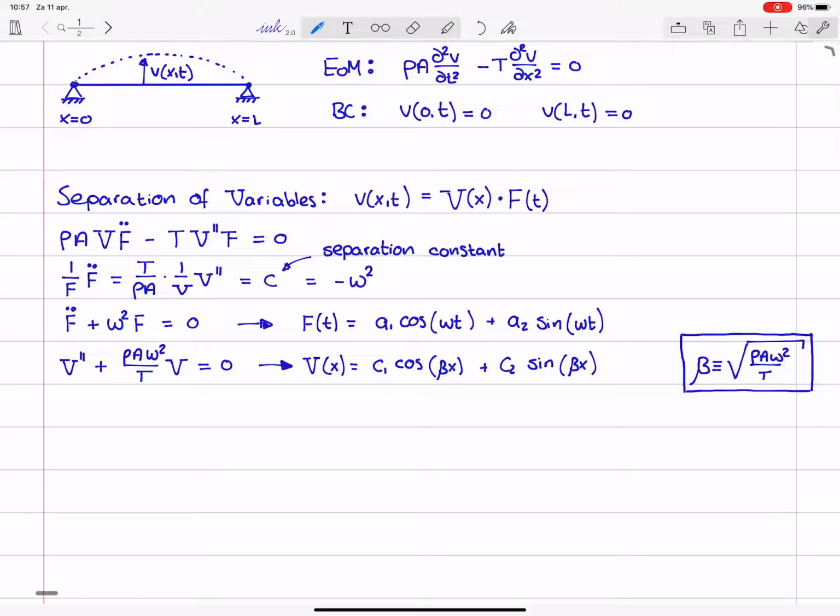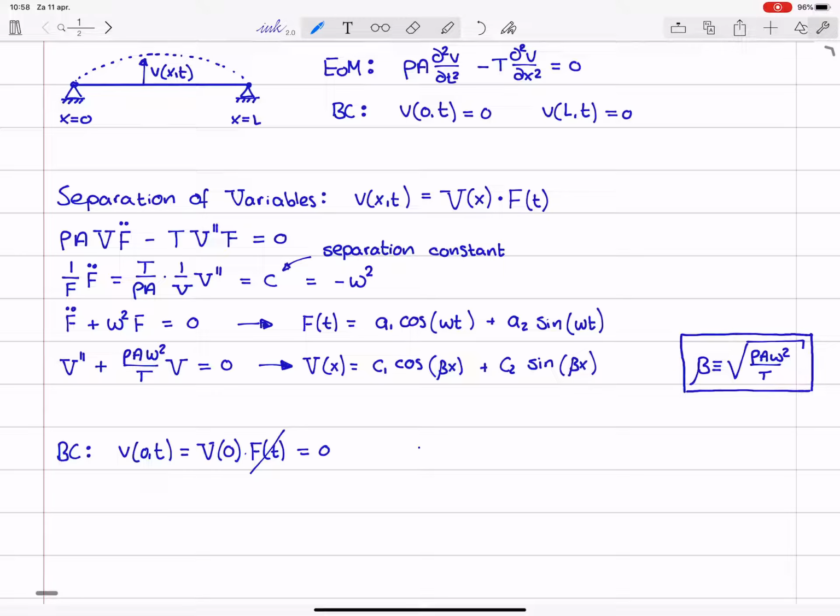Let's first start by rewriting these boundary conditions using separation of variables. So v at 0, time t can be written as capital V at 0 times f for all times. And this should be equal to 0 at all times, because on this point the string is fixed, which means that I can just cancel f, since f is not 0 at all times.